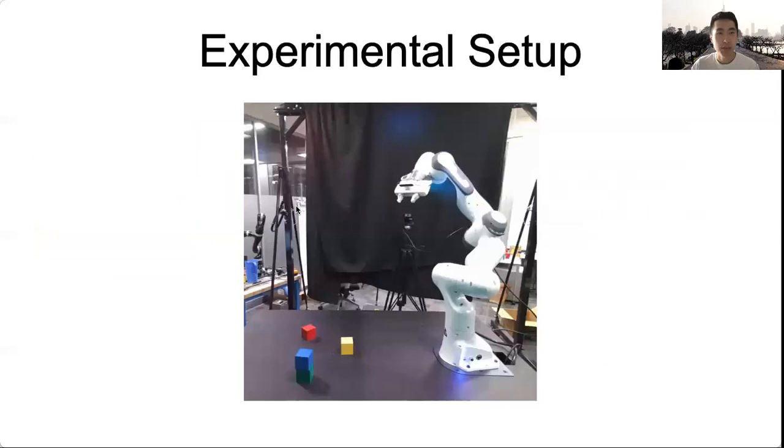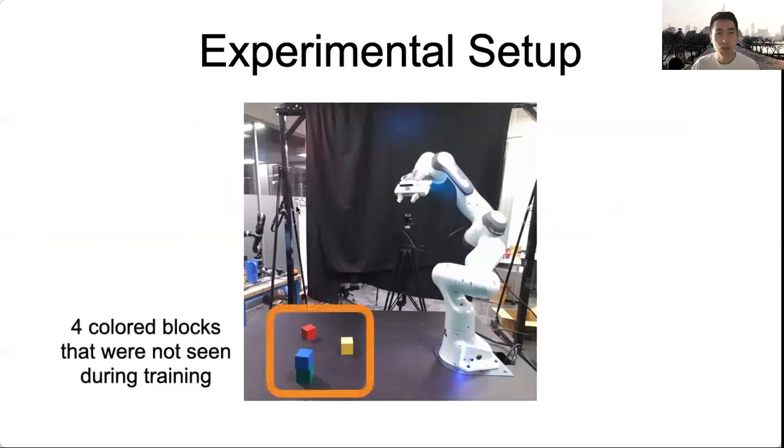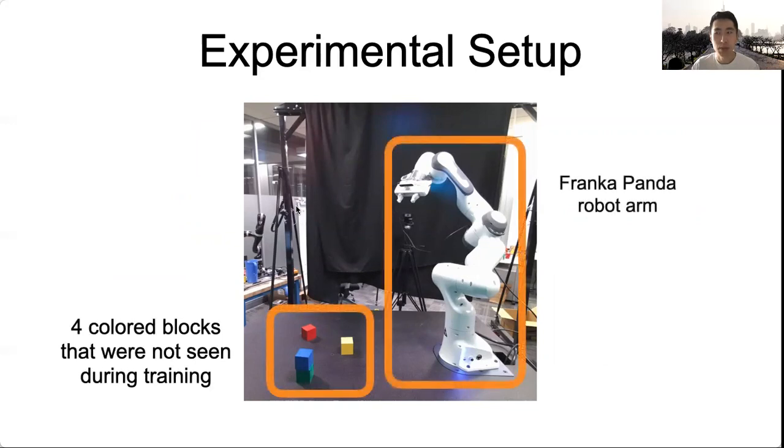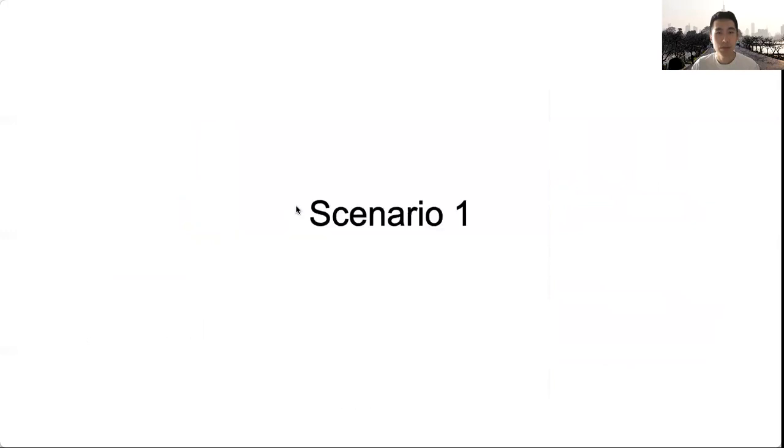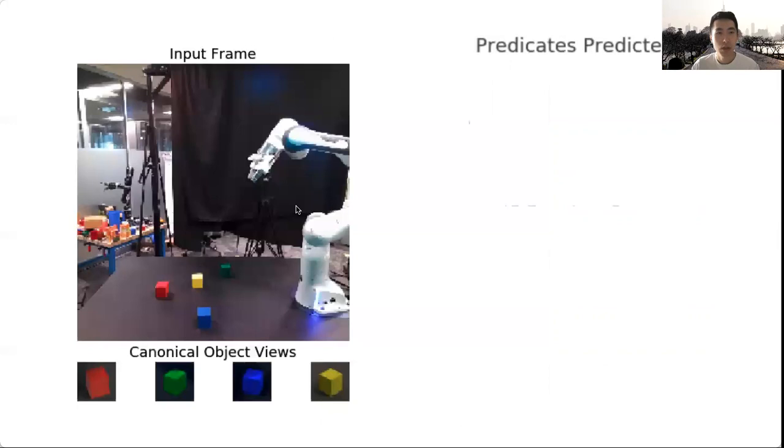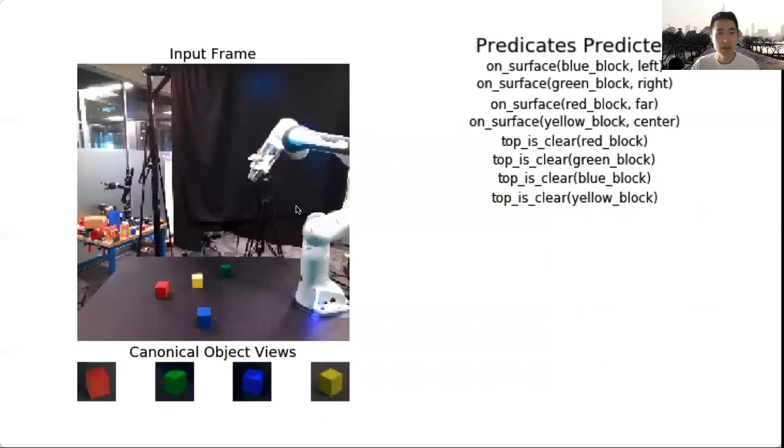Here is our experiment setup in the real world, which contains 4 colored blocks that were unseen during training, a Franka Panda robot arm, and a table that is divided into 4 overlapping regions. Taking an input frame and a set of canonical object views as queries, SORNet generates a list of logical predicates.